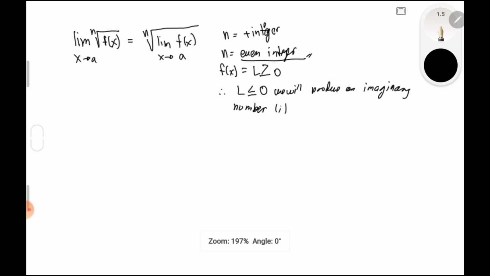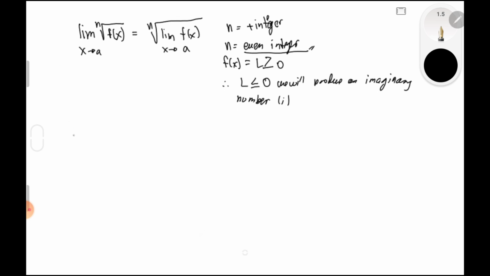Example, so we have the limit of the square root of x squared plus 1 as x approaches 1.